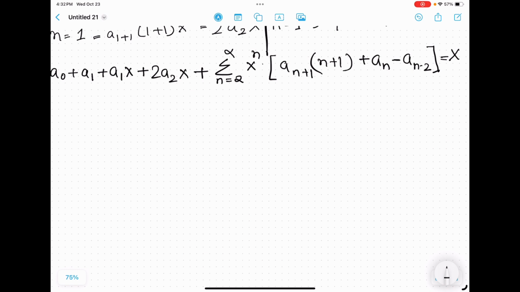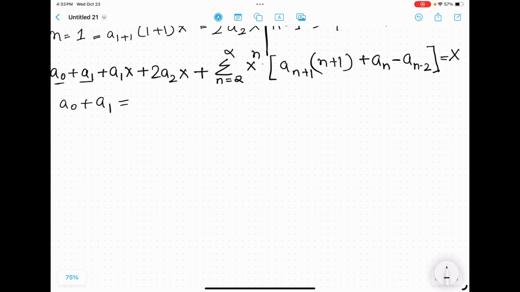So now, like I said, the first thing we do is we look at the constants. That means the ones that don't have an x attached to them. So if we look carefully, we have already written out the two terms without an x. So I have a sub 0 plus a sub 1.